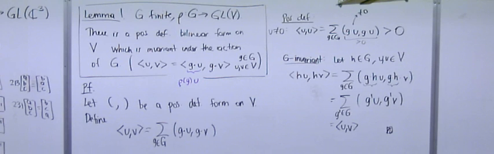Let's say this is dimension n1, and this is dimension n2. So you can think that this first representation is like given an n1 by n1 matrix for each group element, and this one is like given an n2 by n2 matrix for each group element. And now somehow you want to put these matrices together.